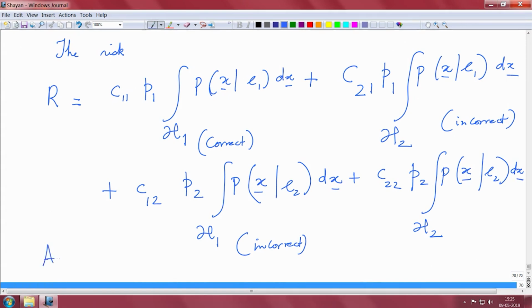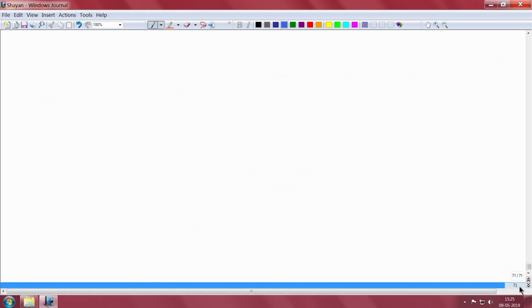Now, any vector or any data point belongs to either the space H1 or the space H2. Now, with this in mind, let us go one step further. The following quantities are obvious.